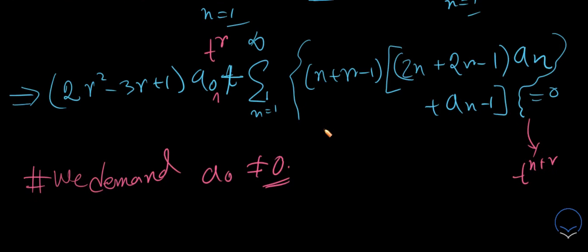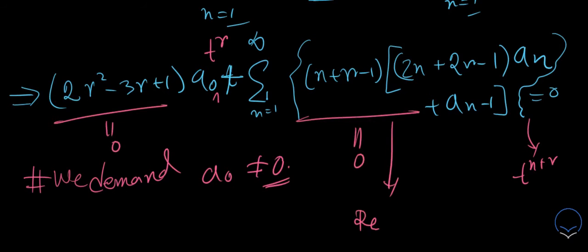So that's the idea. Now we demand a naught, or a0, to be not equal to 0, and because of that, this part will be 0 and this part will also be 0. This part will give us the recursion relation, and this part will give us the roots.